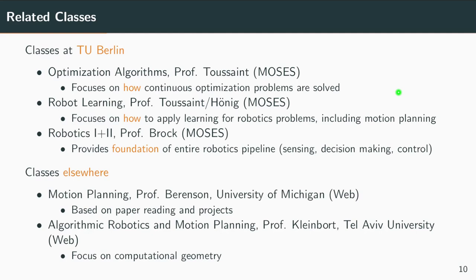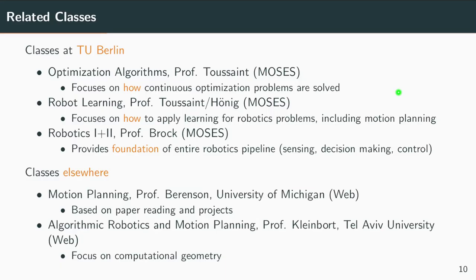Then we have robot learning, which happens on Tuesday this semester as a new class. There we focus on how to apply learning to these typical robotics problems, and that of course also includes motion planning. So in some sense, this class will be useful to understand in more detail how classic motion planning works, and then in the robot learning class, we look at how we can improve or accelerate some parts using machine learning to maybe find solutions faster.